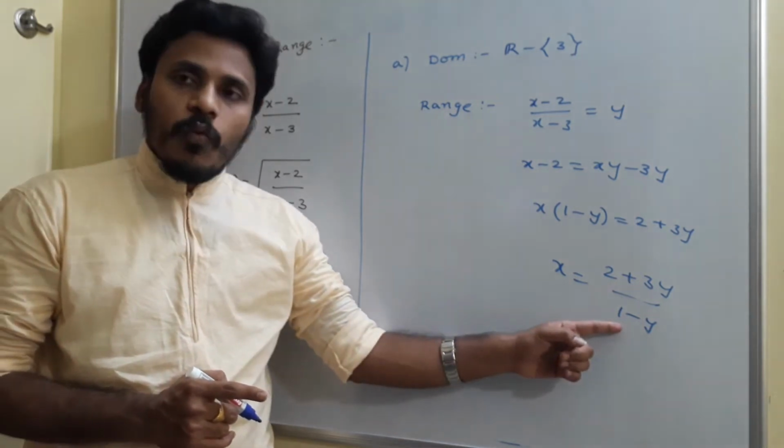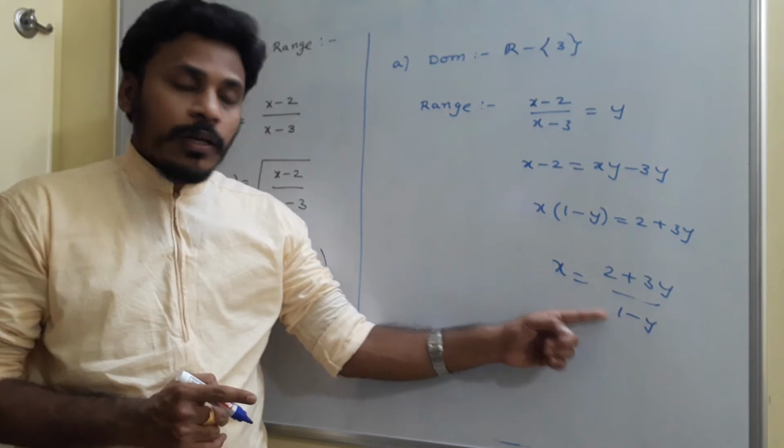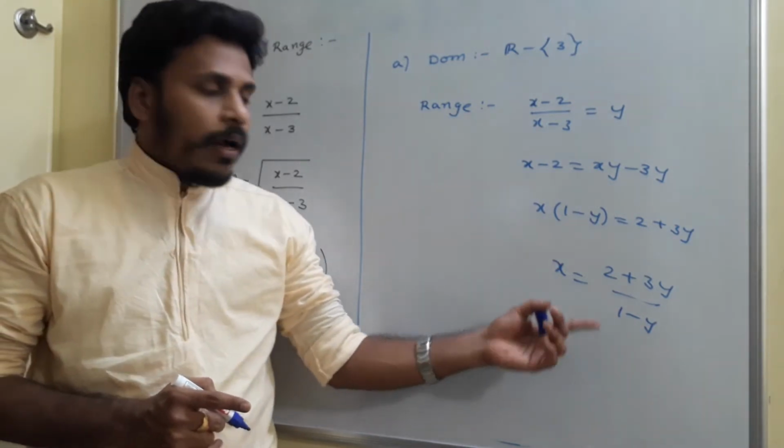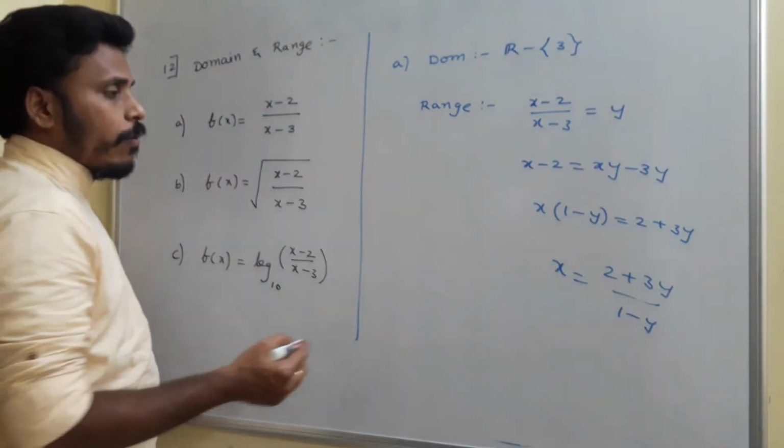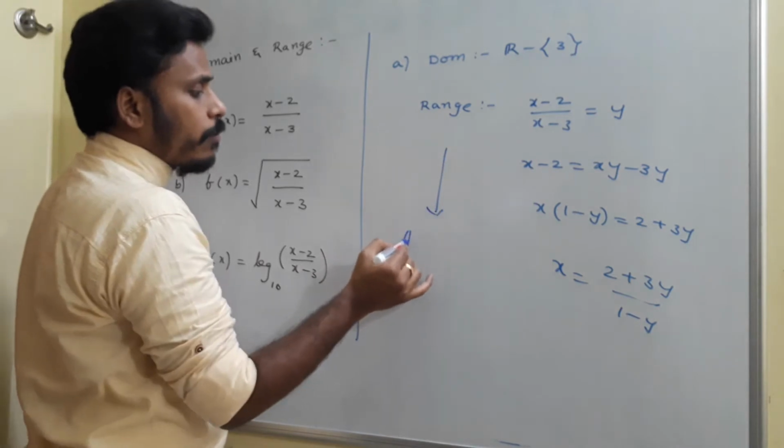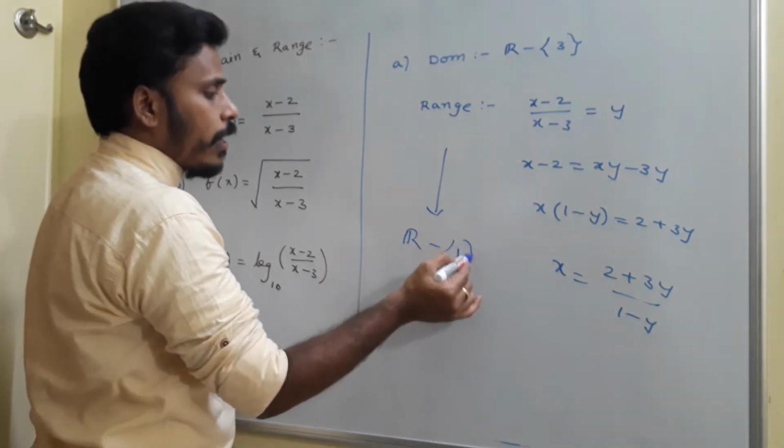You can't take y as 1. If y is 1, x will become non-real. So the range is all real numbers minus 1.